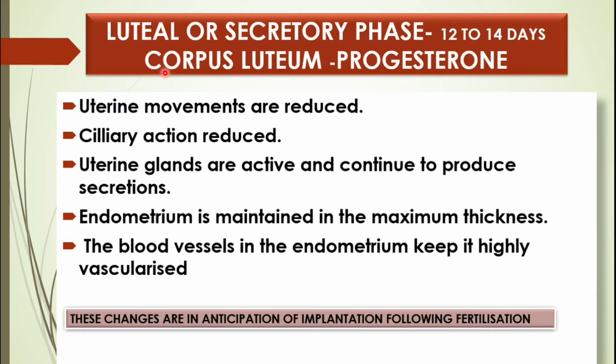The corpus luteum produces the sex hormone called progesterone. Under the influence of progesterone, the following changes are observed in the secondary sex organs.